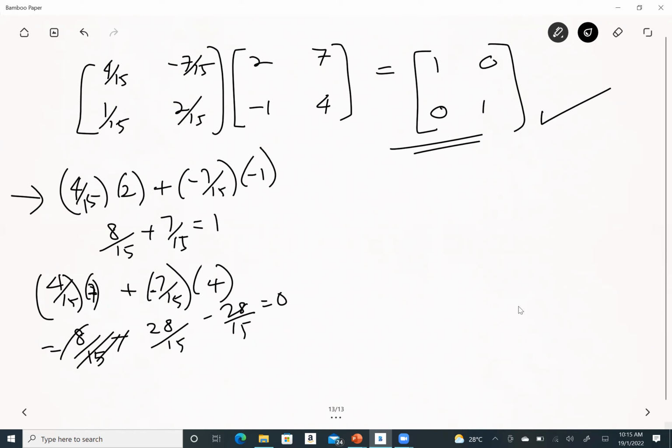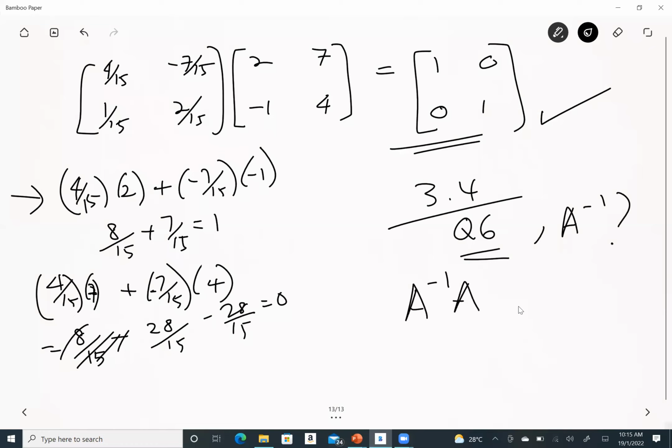I would like you to do question number 6. So I would like you to find the inverse of A, and then you multiply the inverse with the A. Do we get I? That is to make sure you get the correct inverse. Okay, all right, good. So can you try that question number 6?